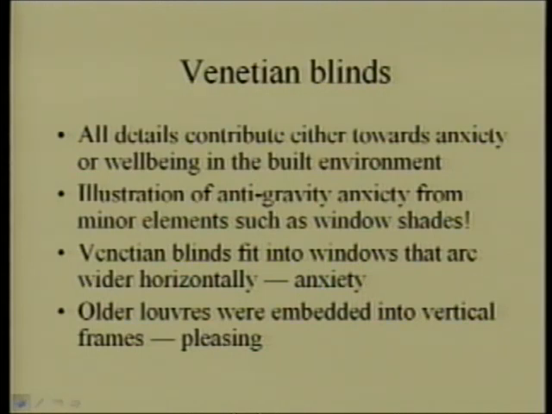Now, again, you cannot have vertical Venetian blinds because Venetian blinds are meant to block the sun, and the physics of the sunlight requires that Venetian blinds be horizontal so that you can tilt them and get the sun reflected or let the sun in as you wish. But Venetian blinds are just a technological application of the older louvers.